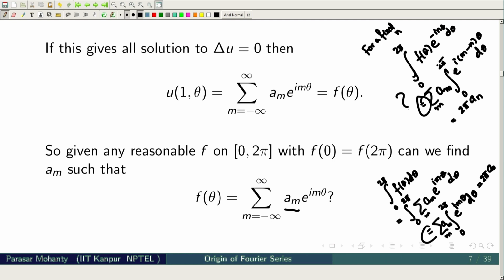Then the second question obviously comes: this is an infinite series, so what is the guarantee that this infinite series will converge?